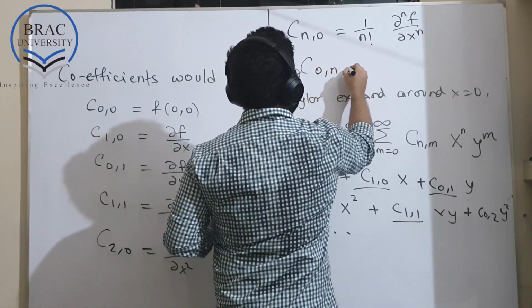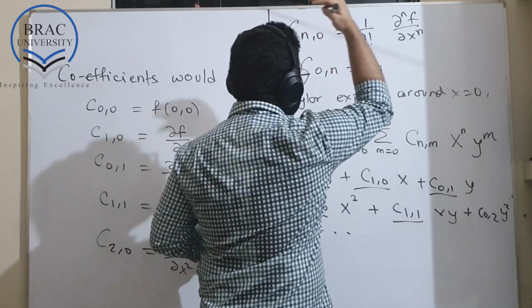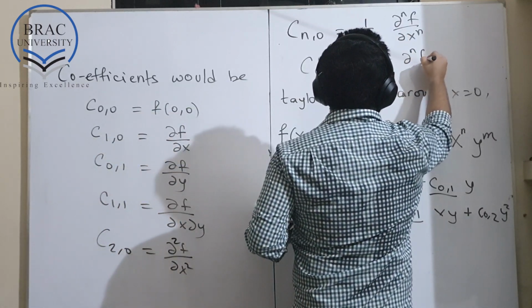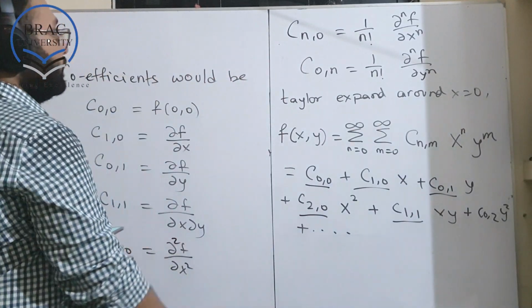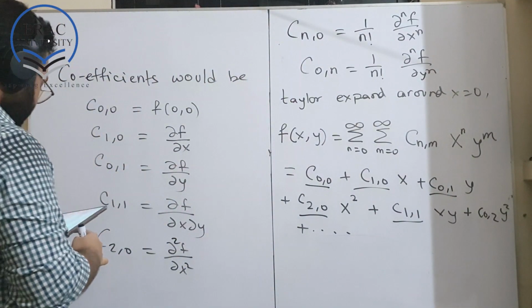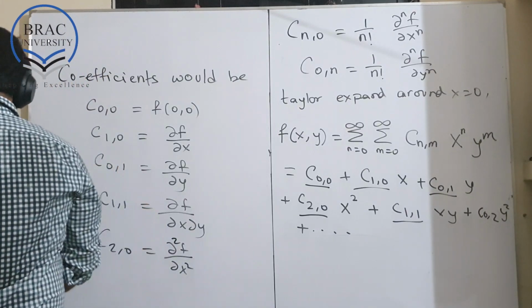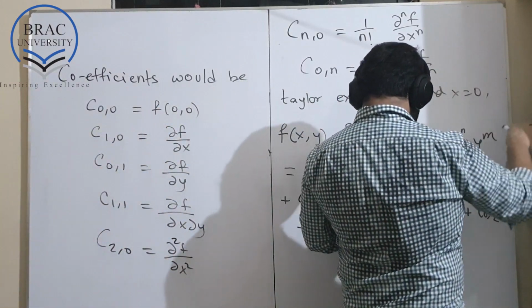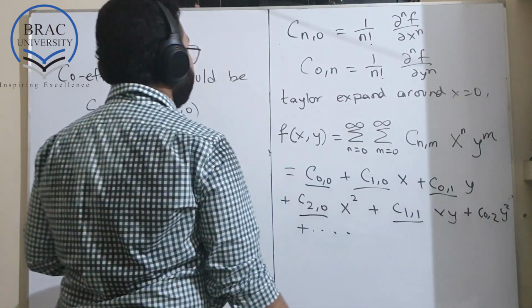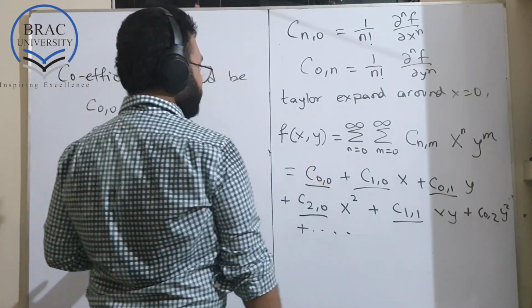Yes, this is how you would find the coefficients. So the coefficients can be found out by partial derivatives. So let's write the Maclaurin series expansion of this function.